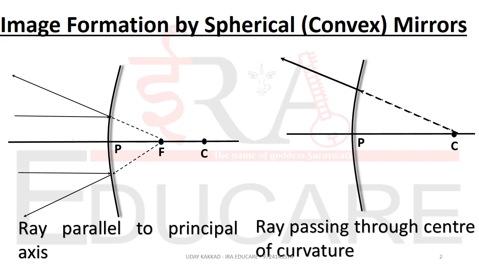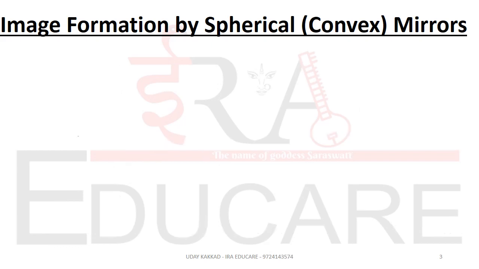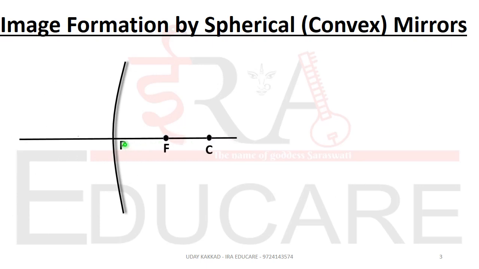So first image formation is for an object at infinite distance. This is your convex mirror, this is your principal axis, this is pole P, F, and C. Now these are the incident rays coming from the object at infinite distance, so that's why they are parallel to the principal axis.